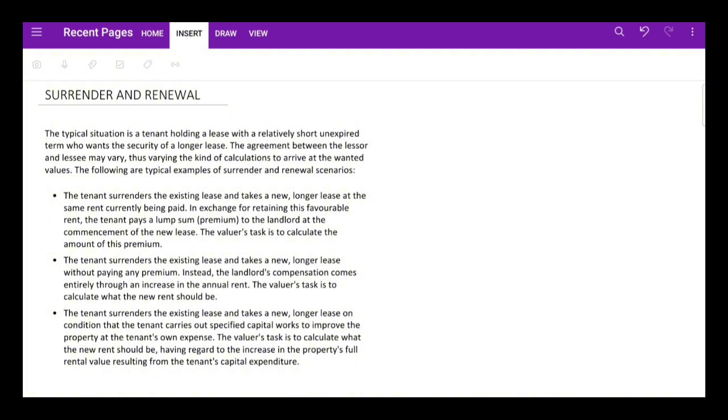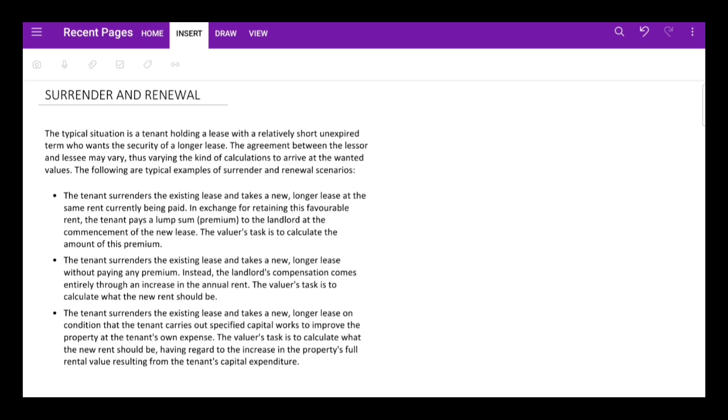And then the third one is that the tenant surrenders the existing lease and takes a new, longer lease on the condition that the tenant carries out specific capital works to improve the property at the tenant's expense. So the valuer's task is to calculate what the new rent should be, having regard to the increase in the property's full rental value resulting from the tenant's capital expenditure.